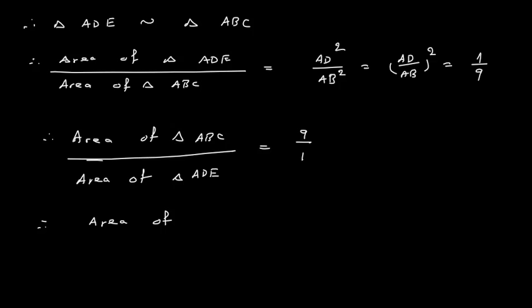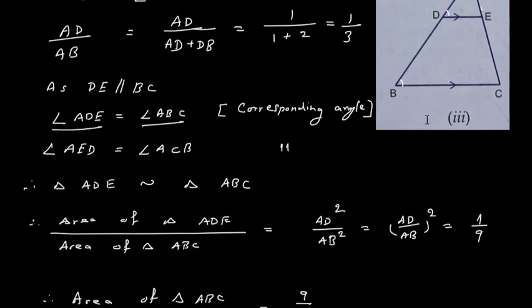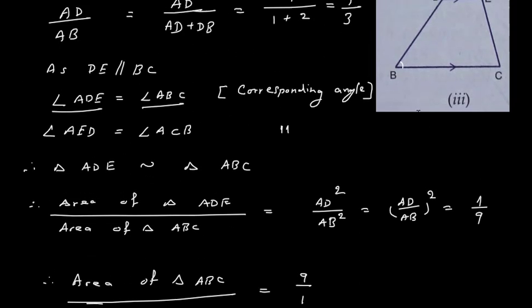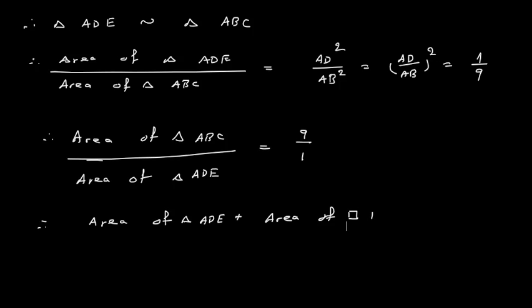You can also cross multiply, that is also one way of solving. Area of triangle ABC is what? Area of triangle ADE plus area. Now this bigger triangle is in two parts. One is triangle and one is trapezium. Area of trapezium DBCE.